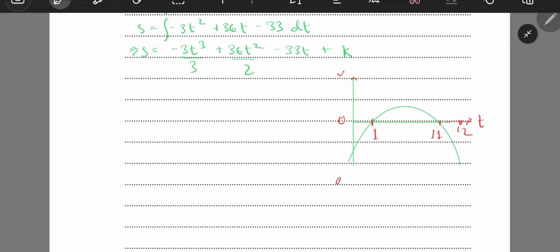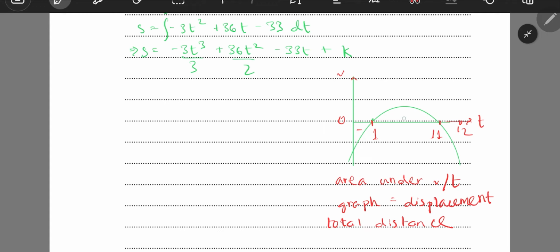We know that the area under the velocity time graph is displacement. Area under the vt graph equals displacement. But what they asked us is for the distance, the total distance. So let's check.